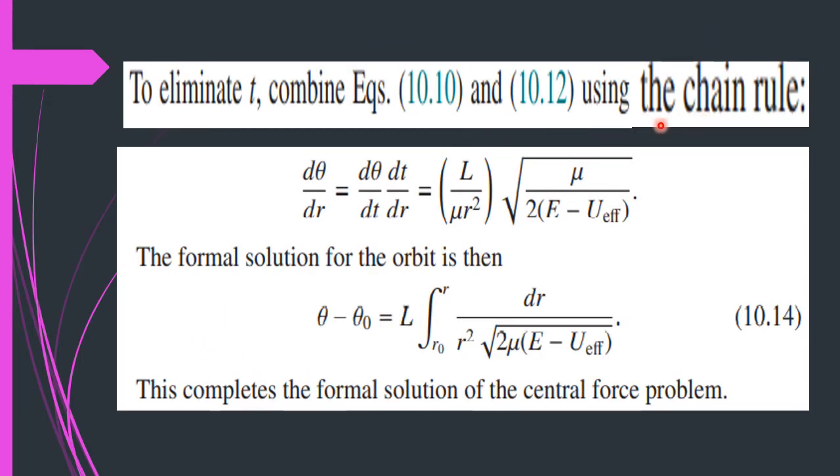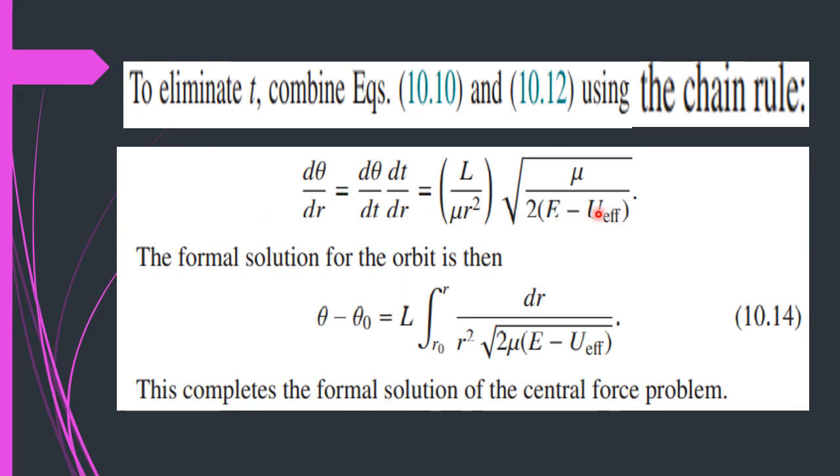So by chain rule, you can combine the above two equations, d theta by dt and dr by dt, to find d theta by dr, because we want the variation of r with theta. Okay, so you get it as L by mu r square times root of mu by 2 (E minus U effective).